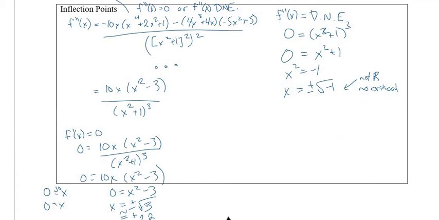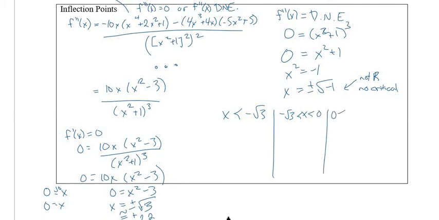So now that we have that, let's set up our factor table. And now we have 3 different potential inflection points that we have to think about here. So we could have anything to the right or to the left of negative root 3. We could have anything between negative root 3 and 0.